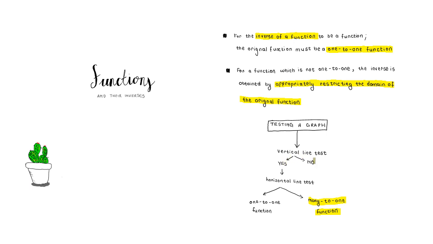Yes or no. If it's not a function, there's nothing else you can do. However, if it is a function, then the horizontal line test will tell us whether we have a one-to-one function or a many-to-one function. One-to-one functions are our straight line and our exponential function, and the many-to-one function is only our parabola.